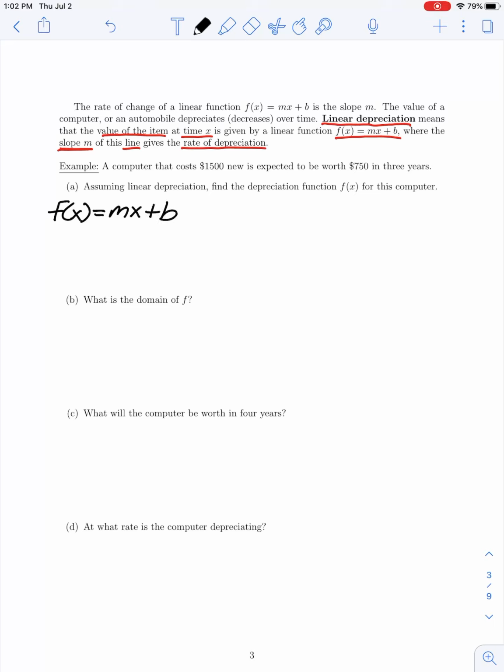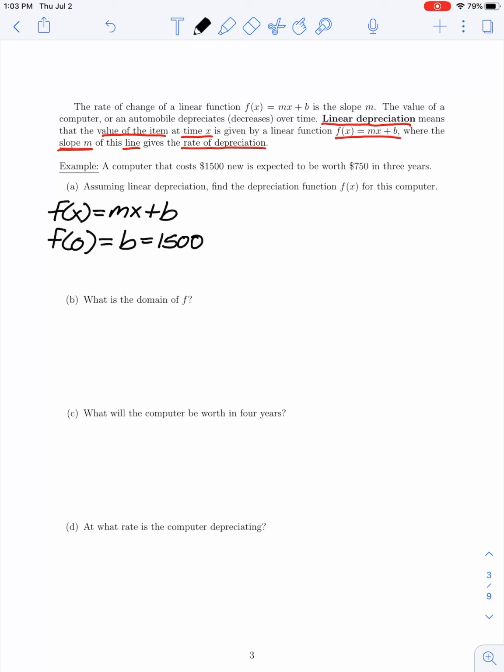That is the general form of a linear function. And we're given a couple of pieces of information here. First, when the computer is new, so that is when x, its age, is 0, we would have a value of 1,500. Now plugging in 0 for x in this function, we have b, and we're told that that value is 1,500. So we have the value for b.